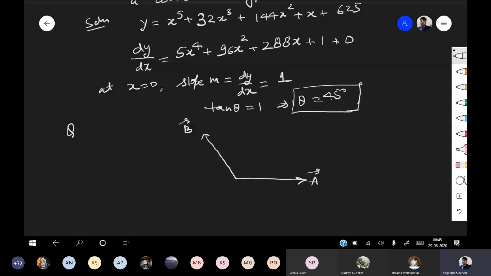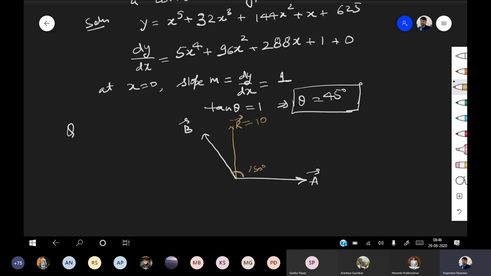And the question says that the resultant, let me use this color, this is your resultant vector, R vector. So this resultant is of 10 unit magnitude, and the angle between the two is 150 degrees.